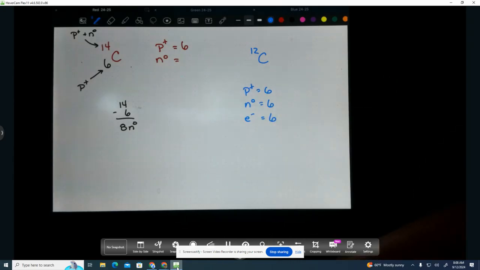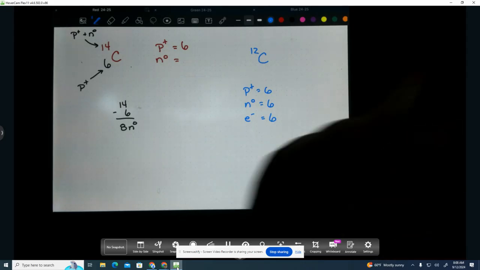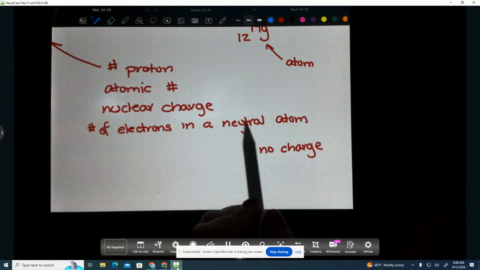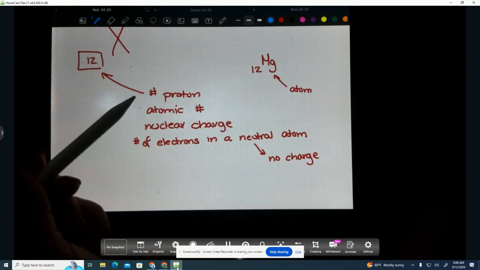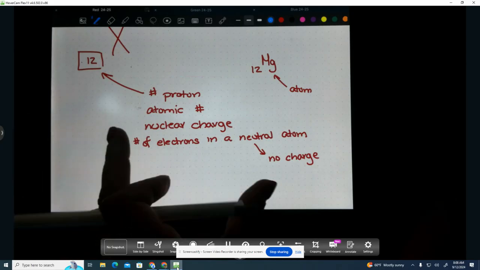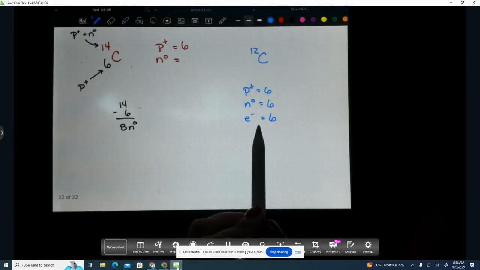How did you know it was 6? Is it a neutral atom? In a neutral atom, the number of electrons is the same as the number of protons, the atomic number, and the nuclear charge. So in this case, 6 electrons.